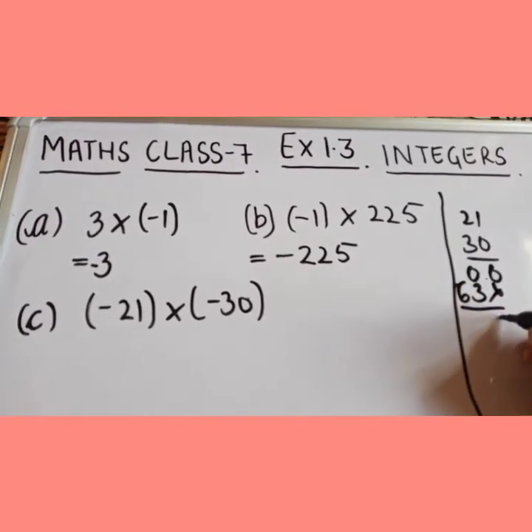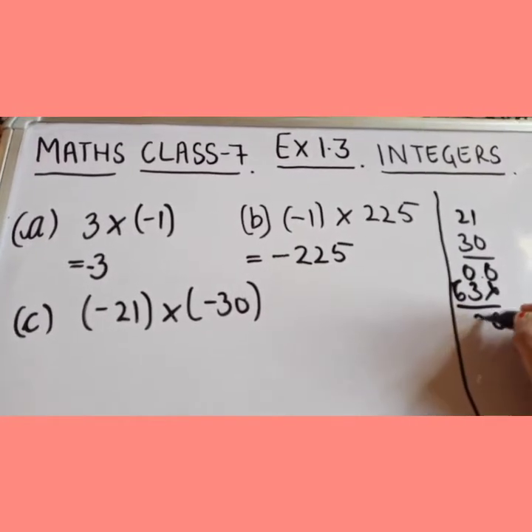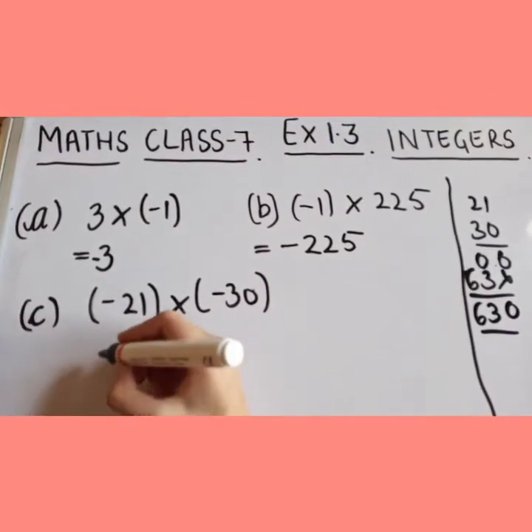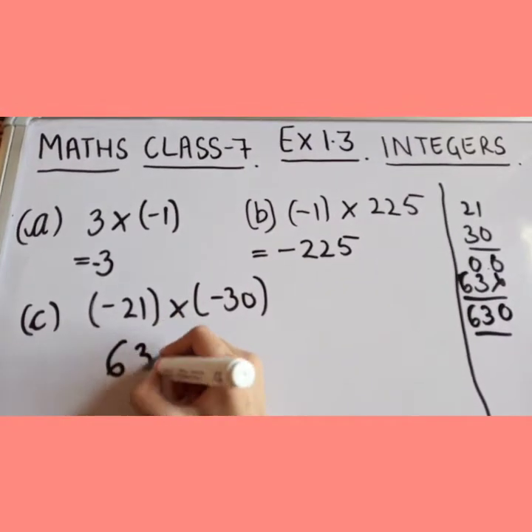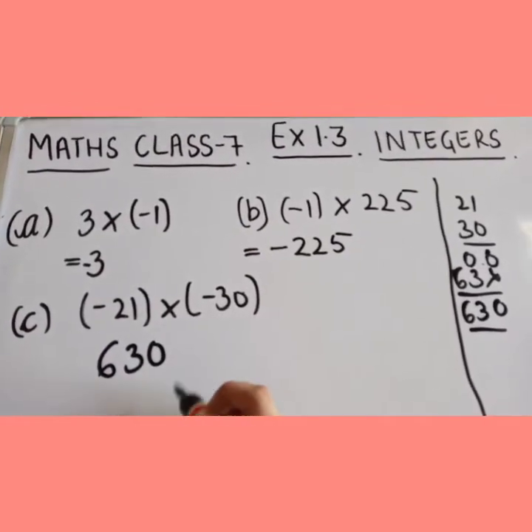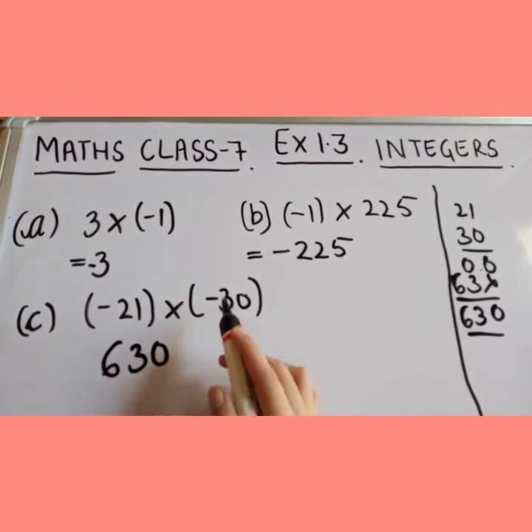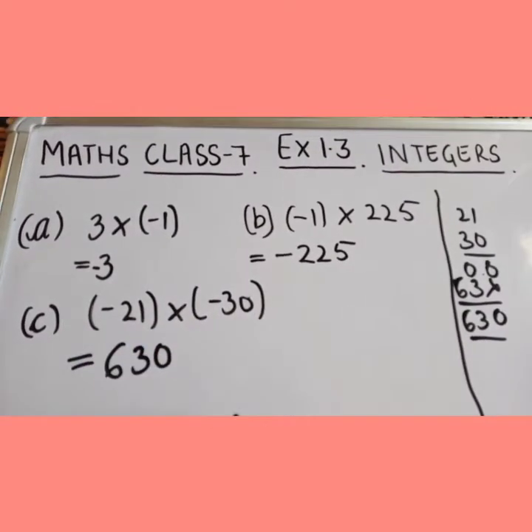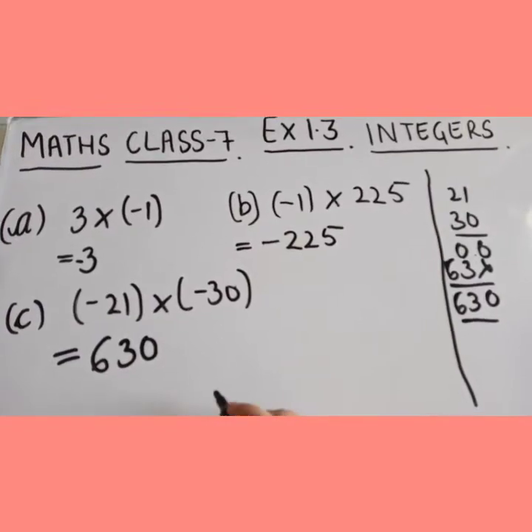So 0, 0, 3 and 6. So the answer is 630. Now let's focus on the signs. Minus minus is plus. That means 630 would be a positive number.